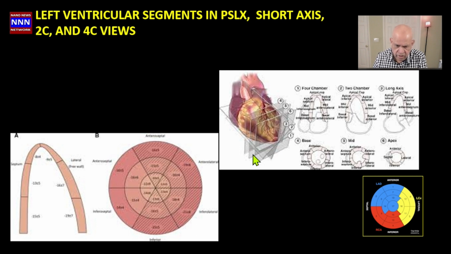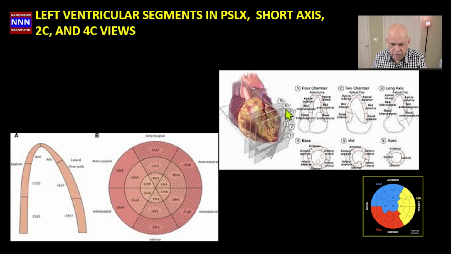Here are the different views we have. Here we have the parasternal long axis view going through from anterior to posterior region of the heart. Then we have the short axis, which is the easiest one to understand. Then we have the parasternal four-chamber, apical four-chamber views, which is going through the heart right in the middle, like slicing the pie and pear.